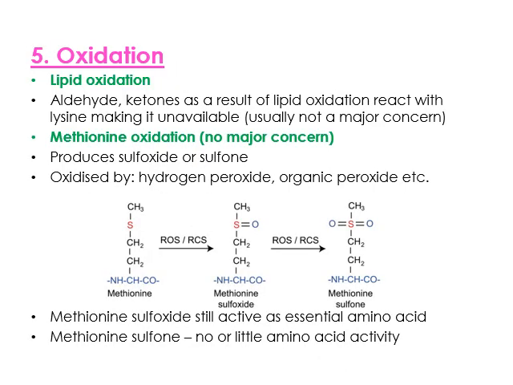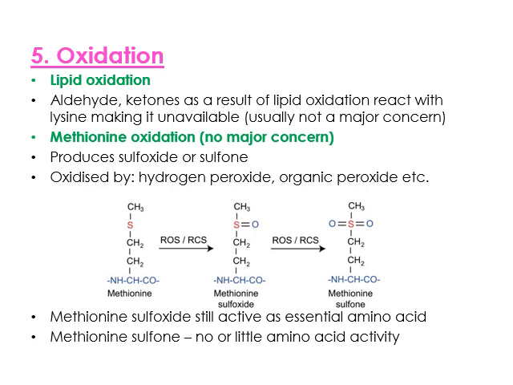Oxidation can also alter the properties of amino acids and proteins. For example, the aldehyde and ketone products of lipid oxidation can react with lysine, thus making lysine unavailable. Oxidation can also happen to methionine, producing sulfoxide or sulfone. Normally methionine can be oxidized by hydrogen peroxide or organic peroxide.